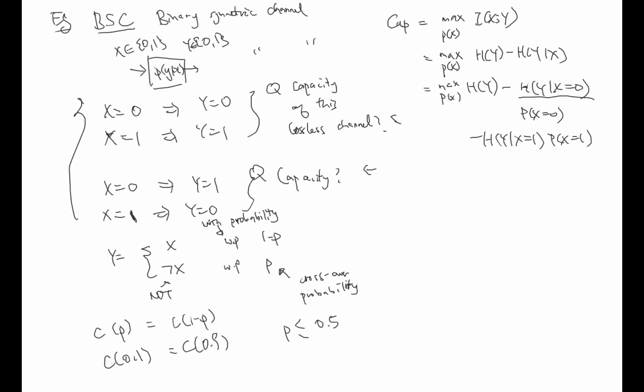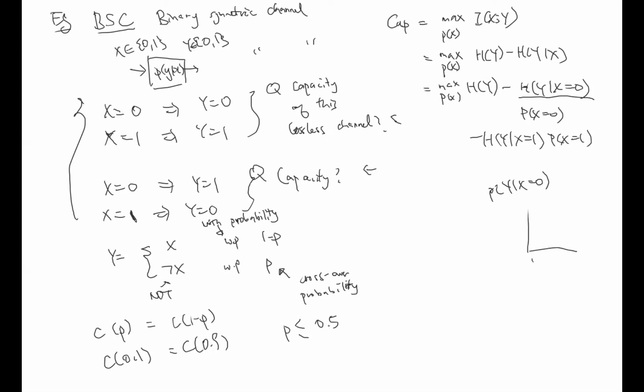Or maybe you can think of what P(Y given X equal to 0) is. This is some kind of distribution, right? Y can take two different values, y equal to 0 and y equal to 1, so it's a very simple distribution.